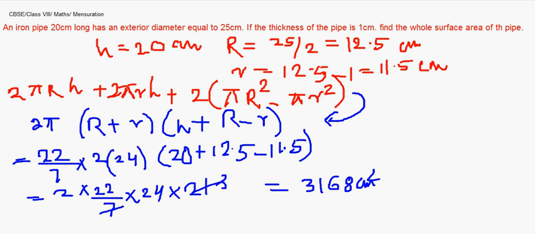Let's now move on to a question in volume of a cylinder. Again, I write the question first here. It states two circular cylinders or two circular cylindrical cans have bases of the same size.